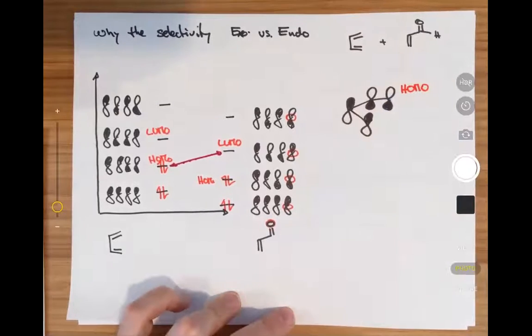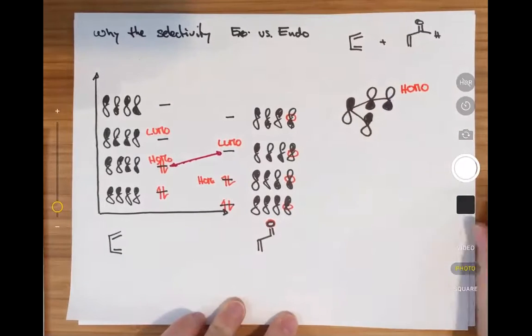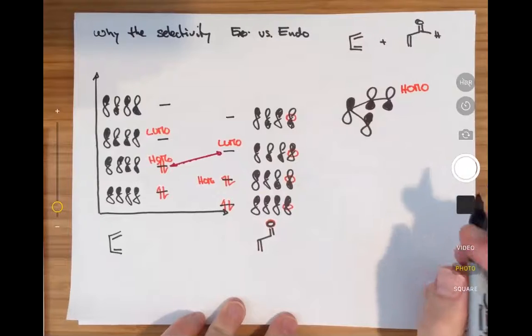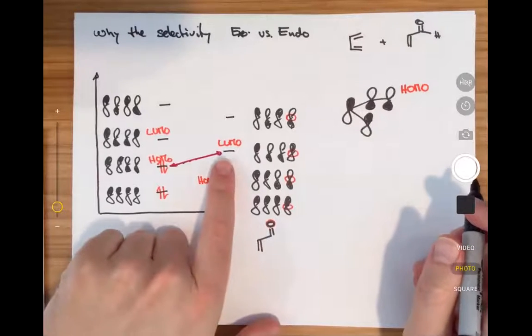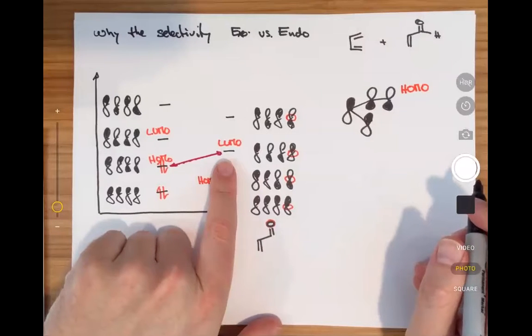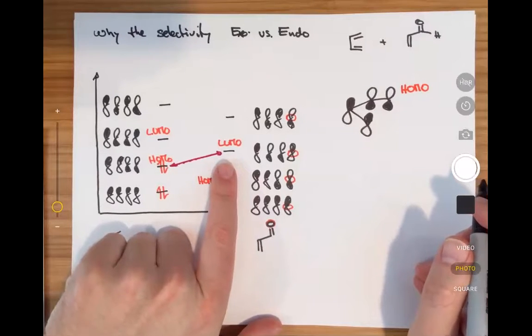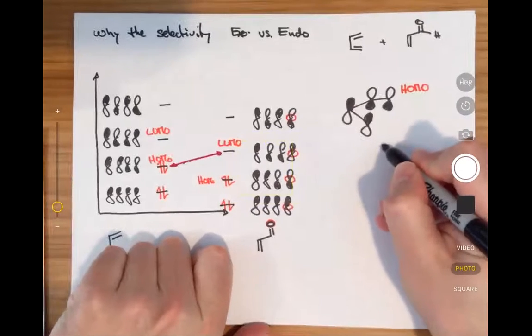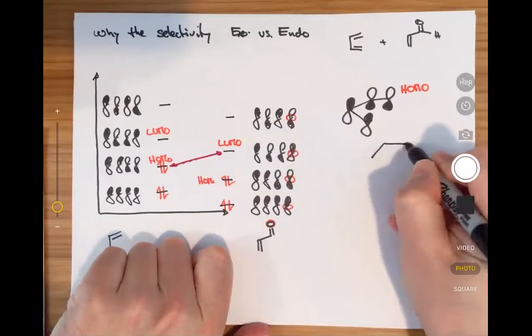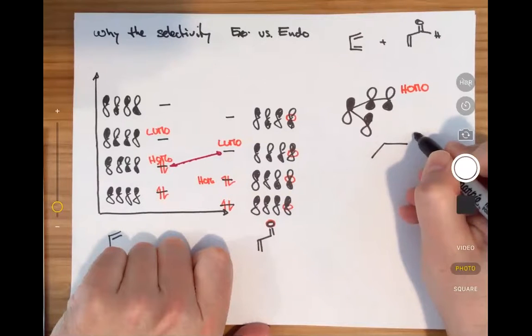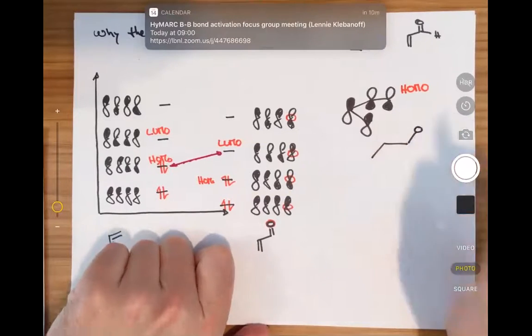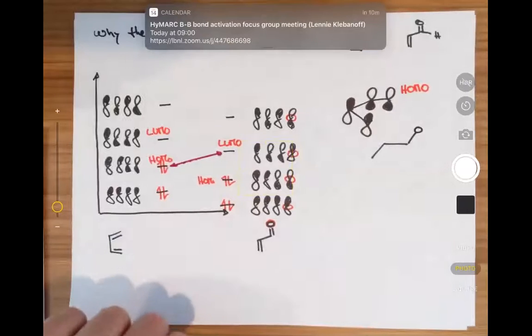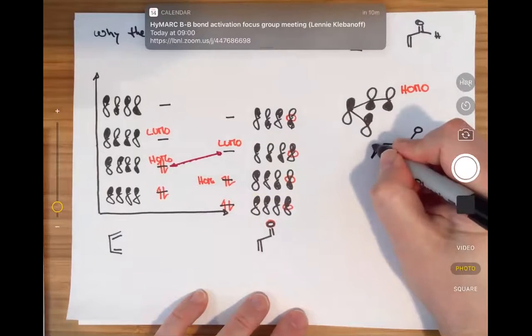And on the other side, we have the lowest unoccupied molecular orbital of this combination. And we can simply draw this out. Let's draw this underneath here. So let's draw it like this, and let's put the oxygen over here. And we can draw the lobes in.